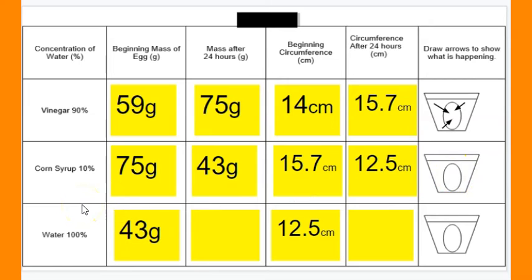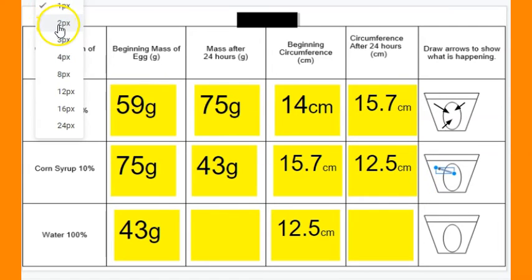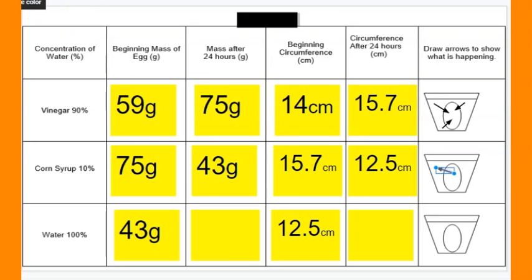So how should we be putting our arrows? It's the opposite, isn't it? That water went back out of the egg. We saw that. All the water that was on top of that cup. So now the arrows outside, I'm going to increase the width of those arrows, and I'm going to make them black so they're a little more bold.